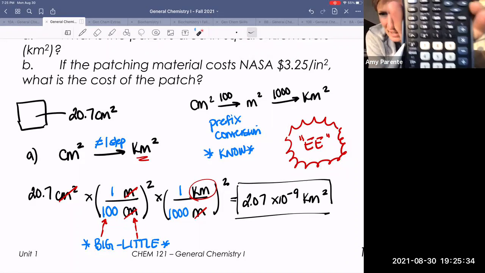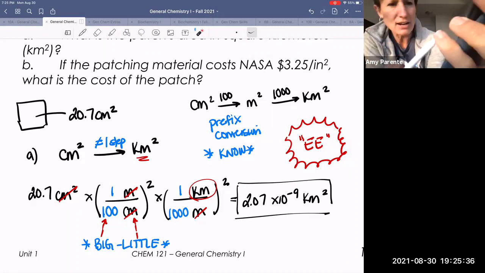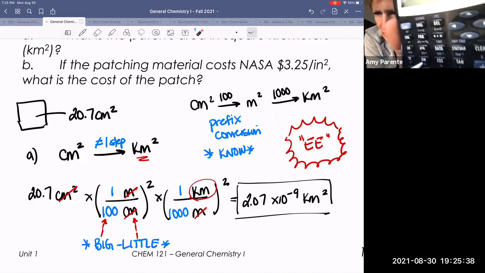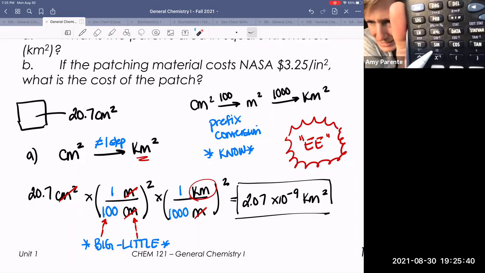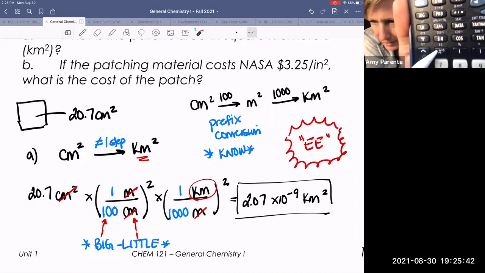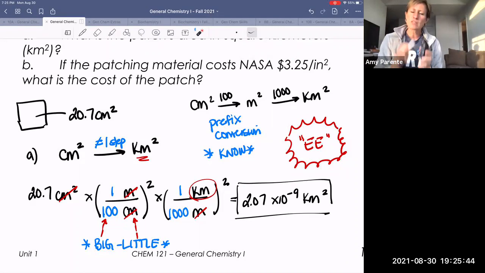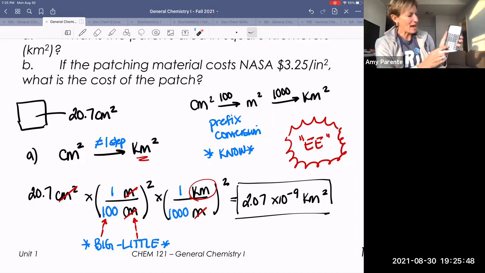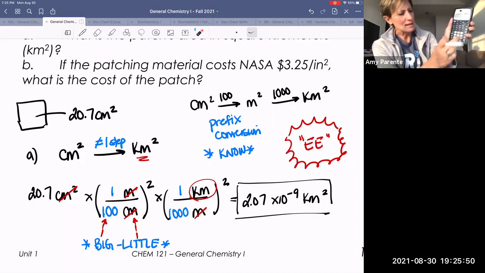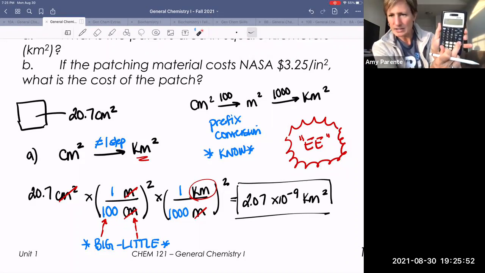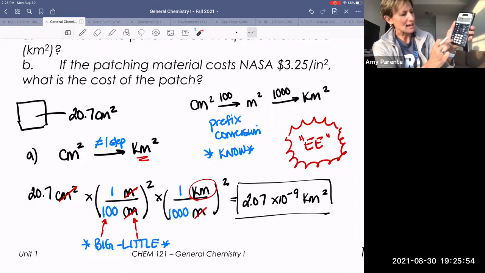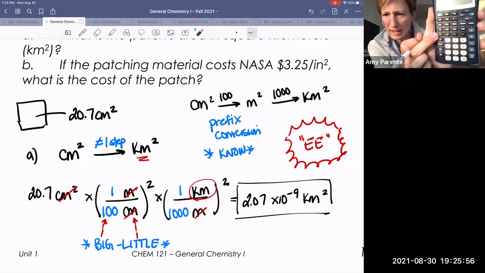This is the calculator that I encourage people to get if you were looking for a calculator. There's a little button there that says EE. I want you to use that when you're doing scientific notation. Sometimes people get in the habit of typing 1, then the multiplication sign, then 10, and then this little caret symbol.